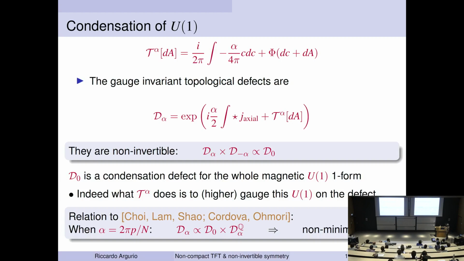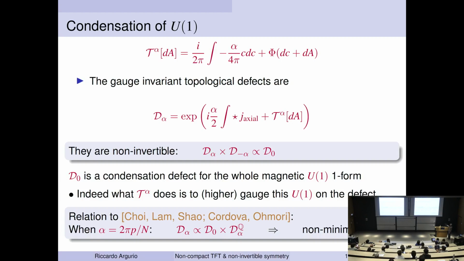Okay. Another thing one can ask is what is the relation between these defects, this proposal, and the one which was found before for the rational angles. Essentially, the idea is what happens if I tune this alpha to have a rational value, and then we can compare the two defects.